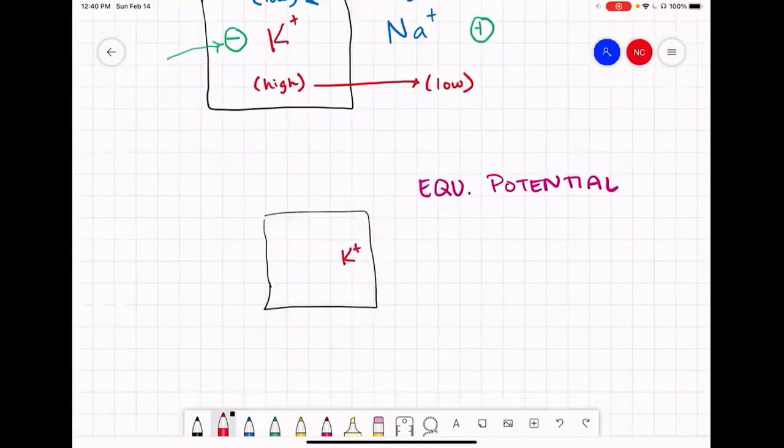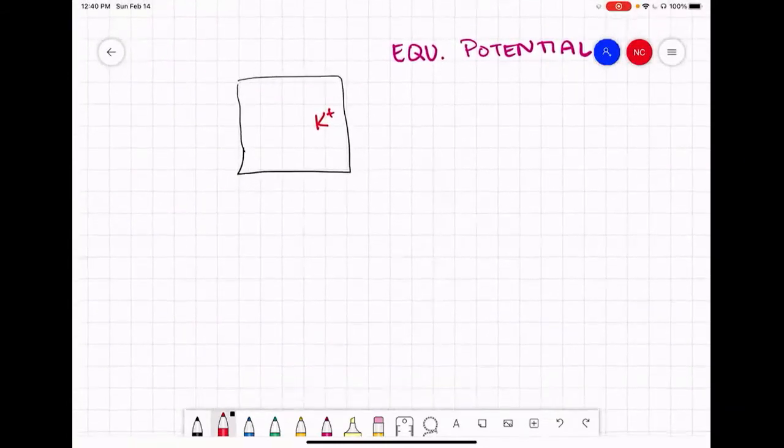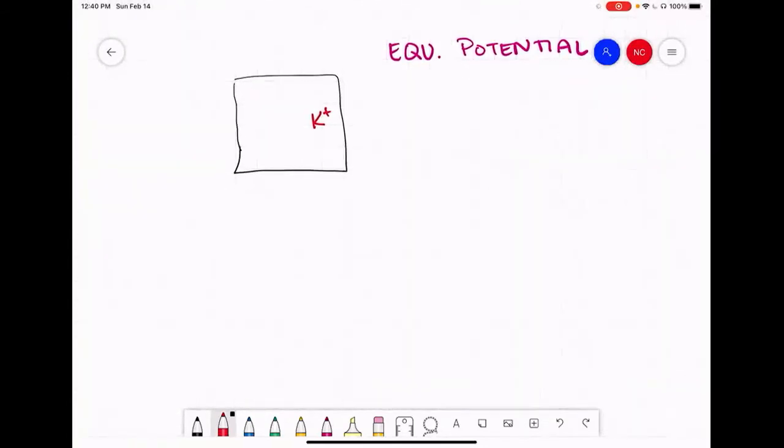If you guys are familiar with movement across a membrane, typically there is a natural pull that will try to create a balance, or an equilibrium, of content on each side of the membrane. So we have this concentration gradient that wants to pull potassium outside of the cell.